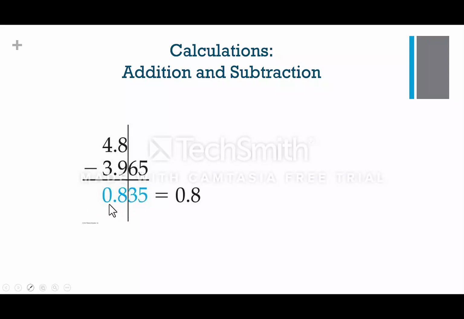And remember, it doesn't matter how many numbers I have on the left. It could be 1,200.8. I'm still going to cut it off at the same spot, right at that 8.